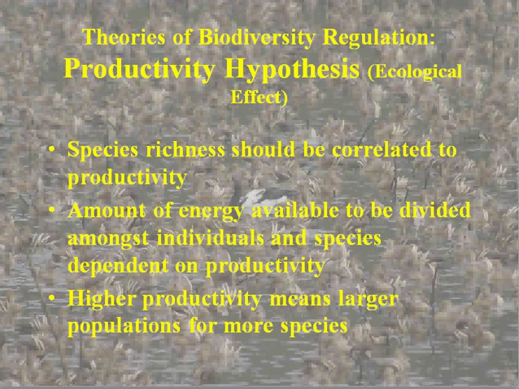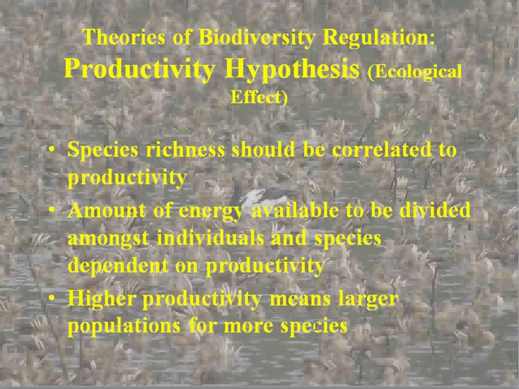If you have a larger population, then you are much more likely to survive. So a larger population of a species means it is much less likely to go extinct, and therefore the species are more likely to persist.